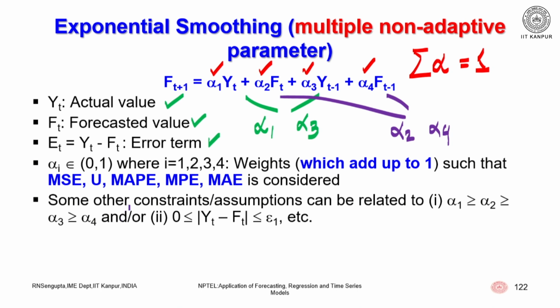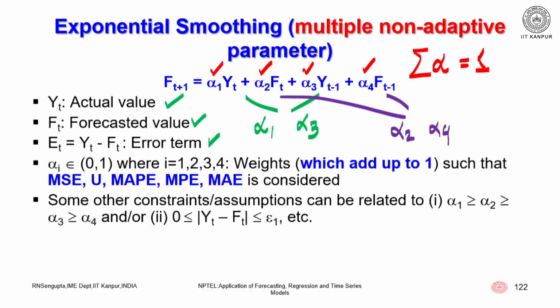Some other constraints can be that the weightages are decreasing, in the sense that if I consider the actual value, I would like to put more weightage on the actual value, which means alpha 1 would be more than alpha 2.